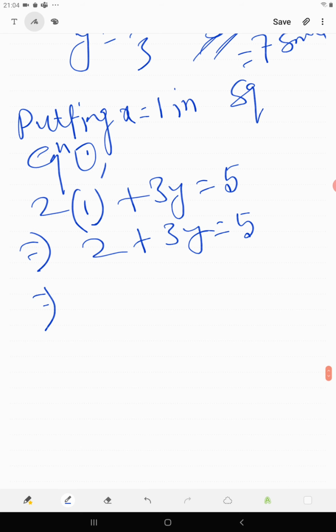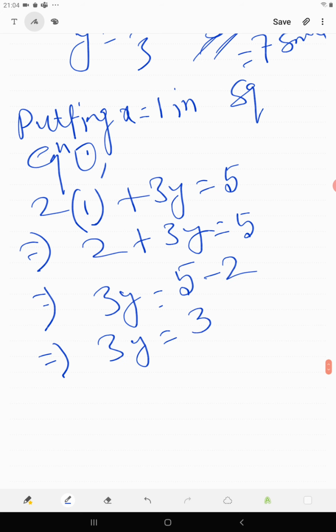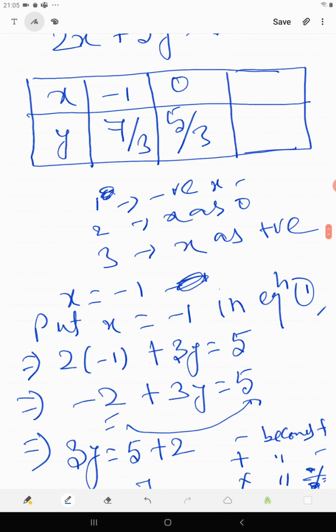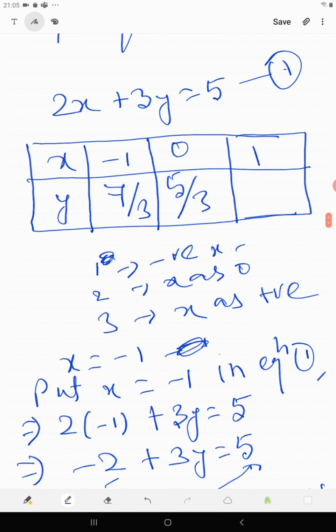So 3y equals to, the 2 will go to the right hand side of equal to, and it will become minus 2. So 5 as it is and then minus 2. So 3y equals to 5 minus 2 is 3. So y will be equal to 3 by 3, that is 1. So at x equals to 1, we got y as 1.